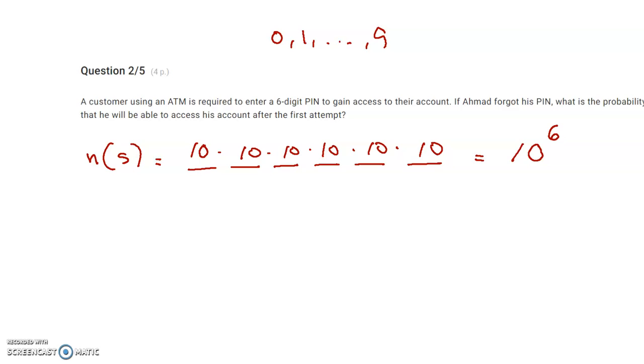This means the total possible number of PINs, if you use all the 10 digits without restriction, will be 10 power 6. So if Ahmad forgot his PIN, what is the probability that he enters his PIN correctly in the first attempt? That means Ahmad must have entered the number correctly. The only way he can is when he punches in that number, so it must be 1 out of this number. So the probability would be 1 over 10 power 6.